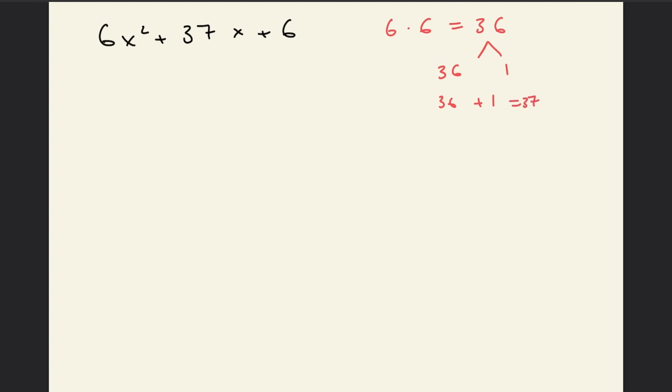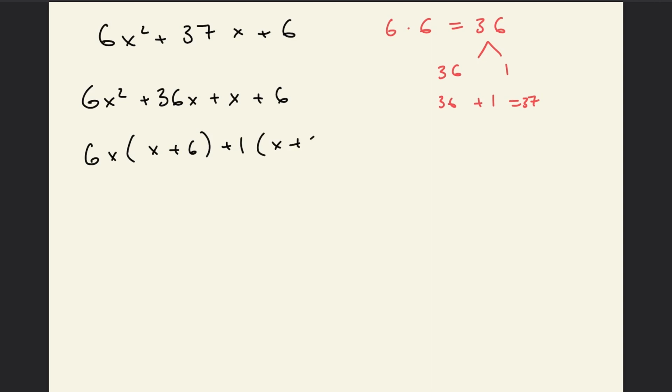So we can rewrite this as 6x squared plus 36x plus x plus 6. Now let's factorize this. Let's take 6x out, and we have x plus 6. And then we just have plus 1, because x plus 6 doesn't need any other factor. It's already x plus 6. So we end up simplifying to 6x plus 1 times x plus 6.